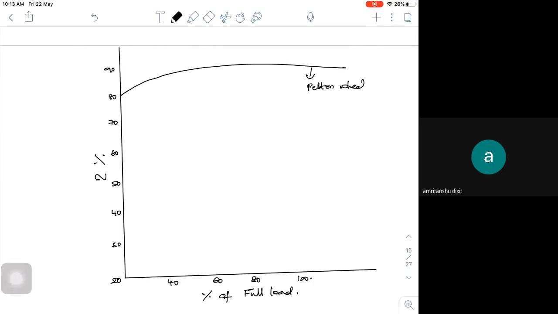This is the characteristic of a Pelton wheel. That means whatever may be the load, if it's 60% or 80% of the full load, its efficiency almost remains the same. So that's why we go for maybe 2 jets, 3 jets, or 4 jets. So we should not have too much fluctuation with the loading.